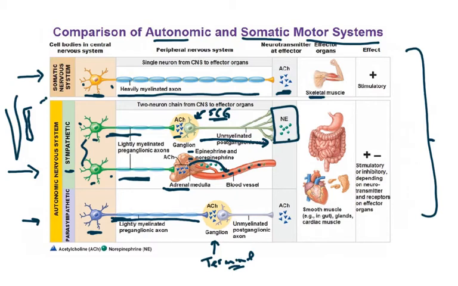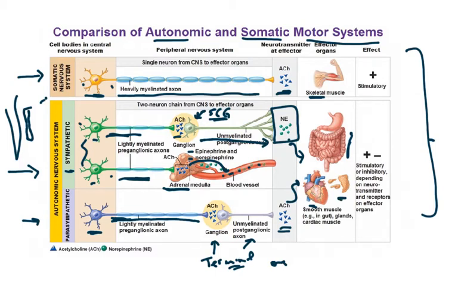That word helps me remember that this is right by our termination point, or our effector organ. So it's going to have a very short little axon, and it's also going to be releasing acetylcholine. Both of these divisions are going to be targeting the same places: smooth muscles in the internal organs, cardiac muscles, or glands such as the salivary glands.